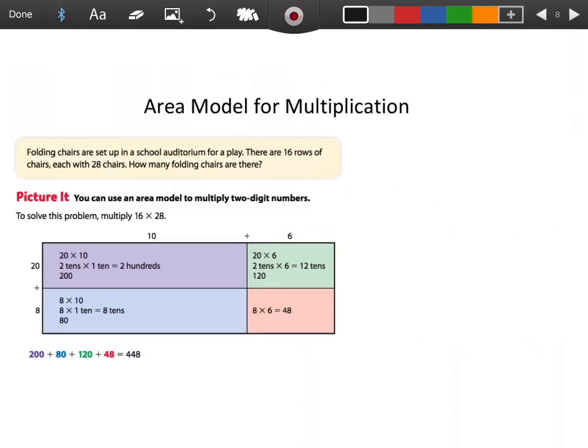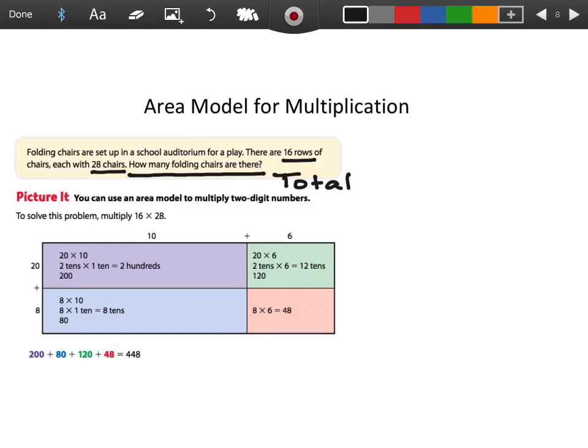So I know that I'm looking for how many folding chairs are there, which is the total. And I know that I have 16 rows of 28 chairs. So one way that I could solve this, if we look at the picture, is you can use an area model to multiply 2-digit numbers.